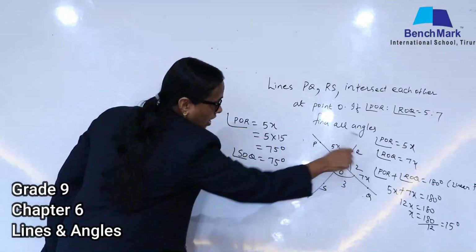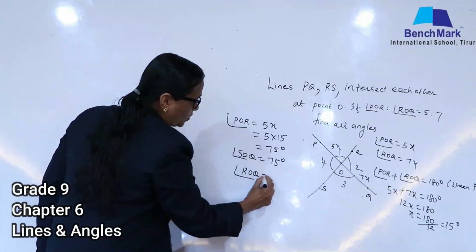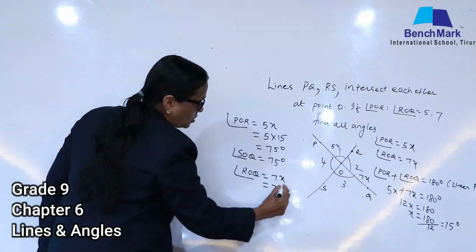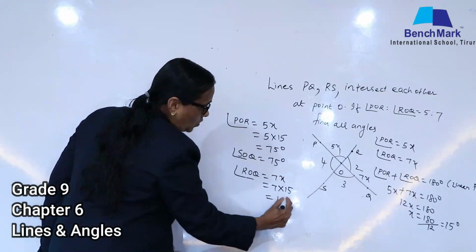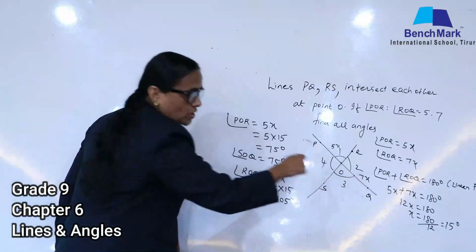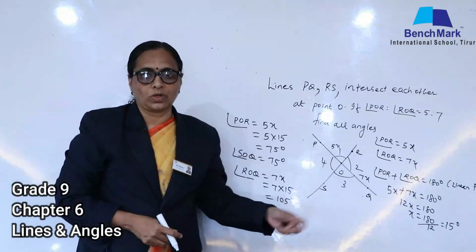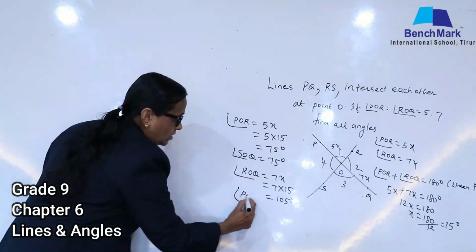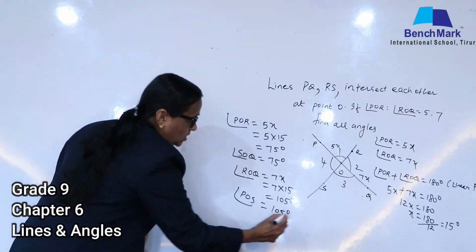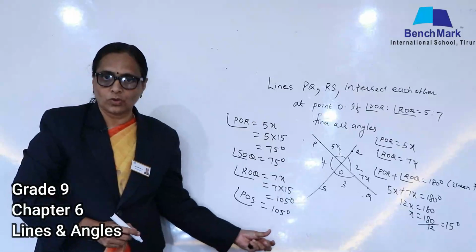Now find what is ROQ. ROQ is 7x, 7 into 15, that is equal to 105 degree. Naturally POS will also be 105 degree. Reason, vertically opposite angles. So I found out all the 4 angles.